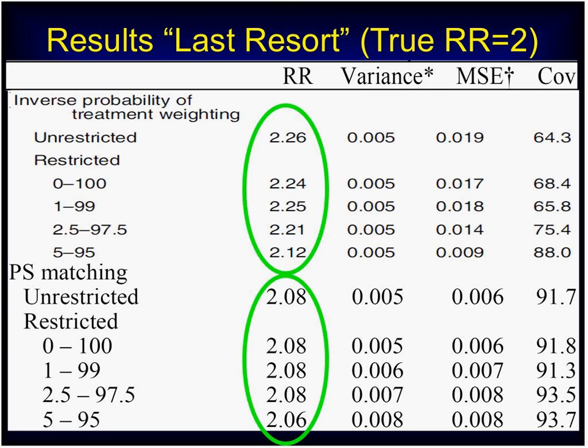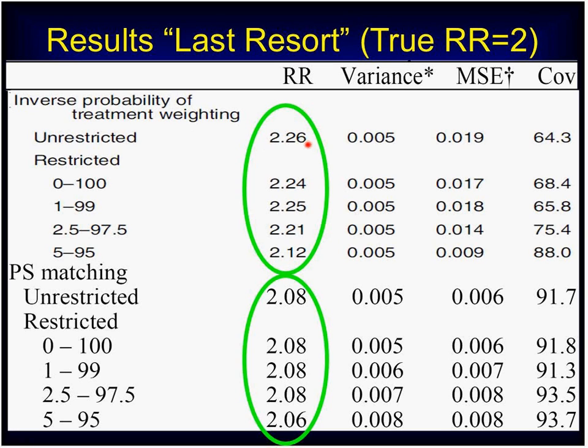And these are just some results summarized from the paper here. You see the unrestricted analysis, inverse probability of treatment weighting and propensity score matching. So the unrestricted analysis shows a relative risk of 2.26.